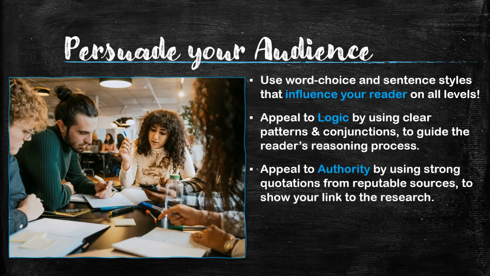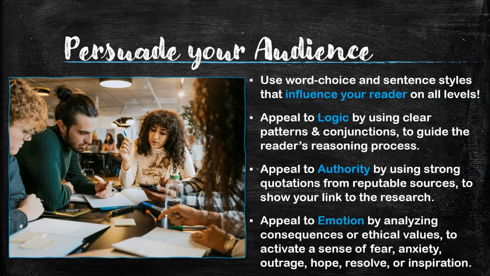Another way is to appeal to your own authority, your sense of authority on this topic, so your reader can trust you. You've done strong research, you have meaningful quotations from reputable sources, and you're showing how your ideas link to that research. Your opinion is now presented on equal footing to the research that you're pulling from.